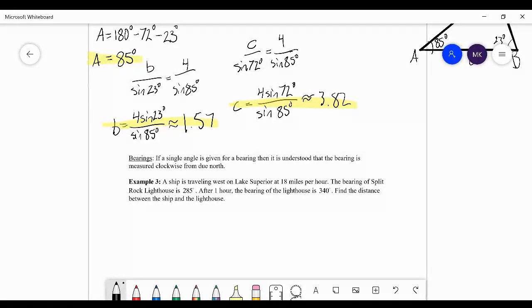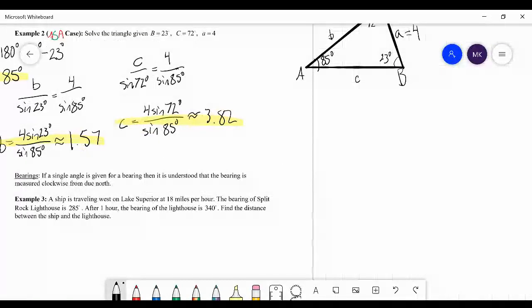If you think about how you talk about direction, you always say northeast, southwest. You never say east, northwest, south. That's not how you remember your directions, most likely. Northeast, southwest is how we talk about our directions, and that's the same way we talk about our direction of travel.